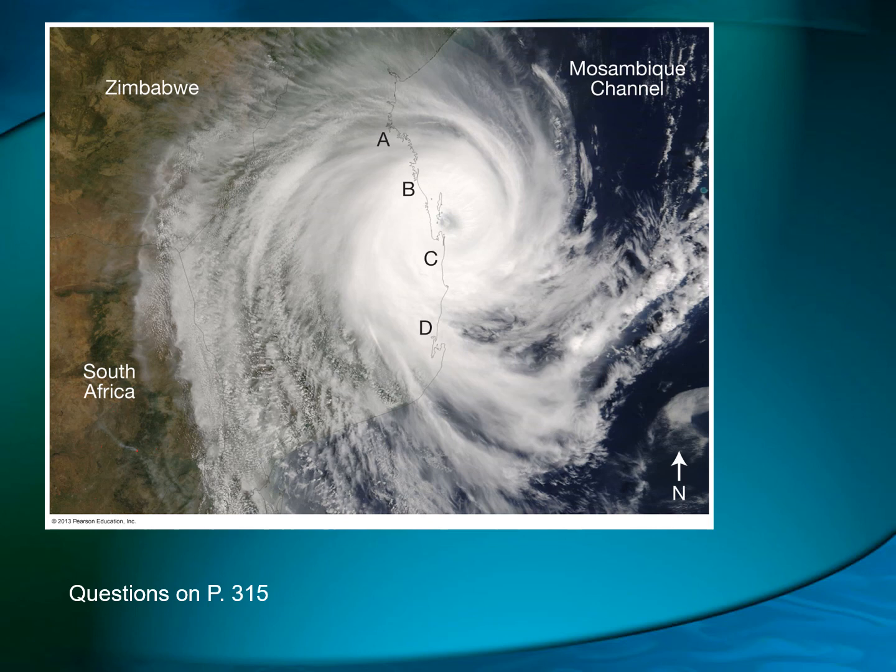You can tell either from trying to figure out the rotation of the storm or from the fact that we're looking at South Africa and Zimbabwe. Do you guys get it? This is Southern Hemisphere. Whatever name the storm has, if it has a name, they're not giving it to us. But anyway, they do deal occasionally with the rare hurricane there in the South Atlantic.